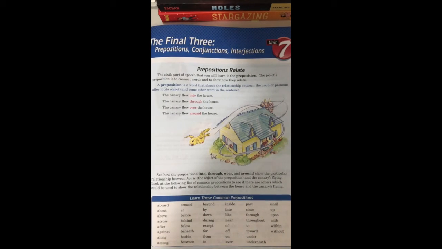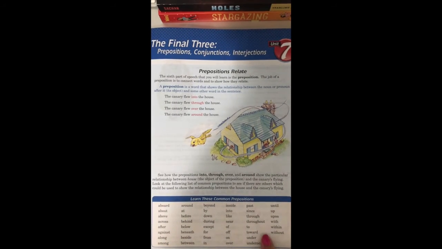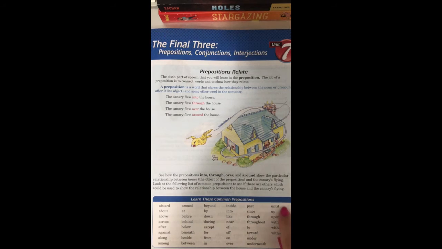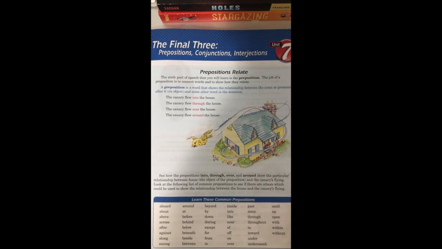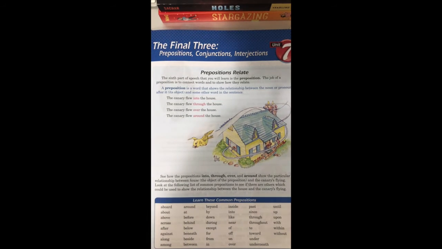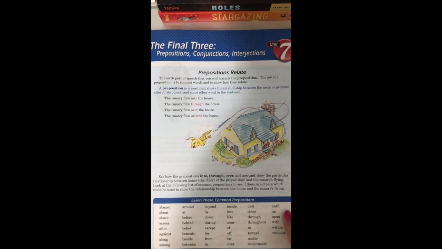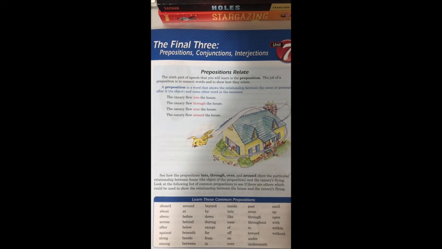So this list underneath is going to be very useful as you continue on in this unit. So keep in mind page 115, just like we need to go back and learn our different forms of adverbs, you may have to come back and reference this page to get an idea of some prepositions.